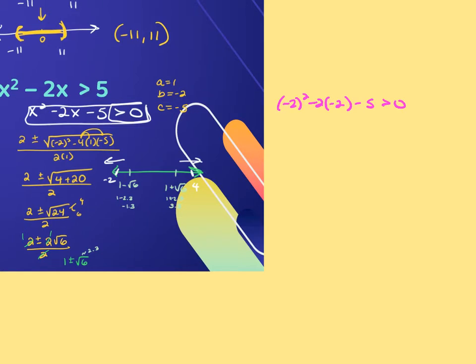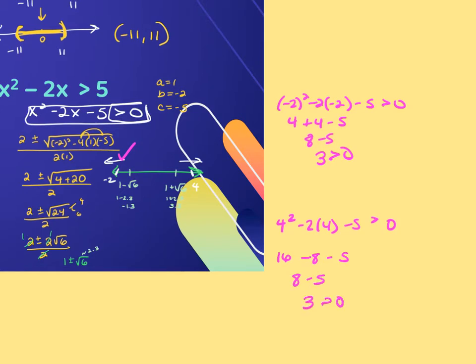And then I'm going to plug in positive 4: 4 squared minus 2 times 4 minus 5 greater than 0. So 4 plus 4 minus 5 is 8 minus 5, that's 3, which is greater than 0. 16 minus 8 minus 5, 8 minus 5, which is 3, also is greater than 0.